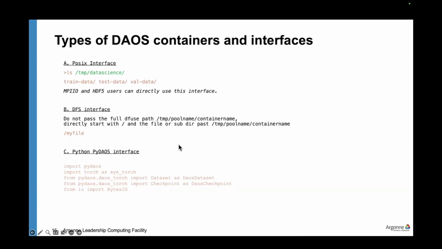There is also a PyDAOS interface, which I have tested and it is working. So you can also use PyDAOS for torch data loaders or checkpoints. These are the different ways to interact with DAOS.